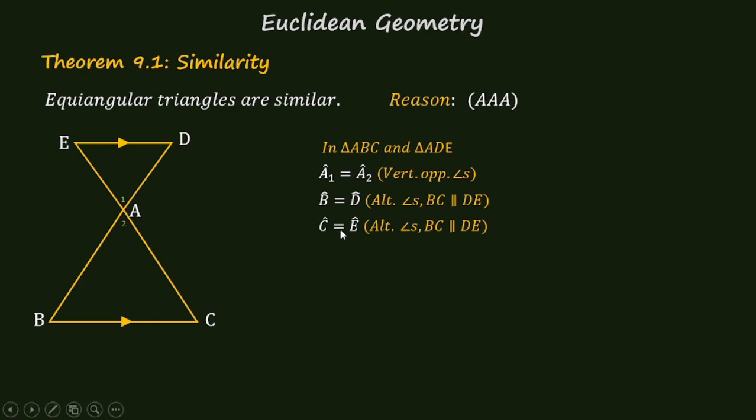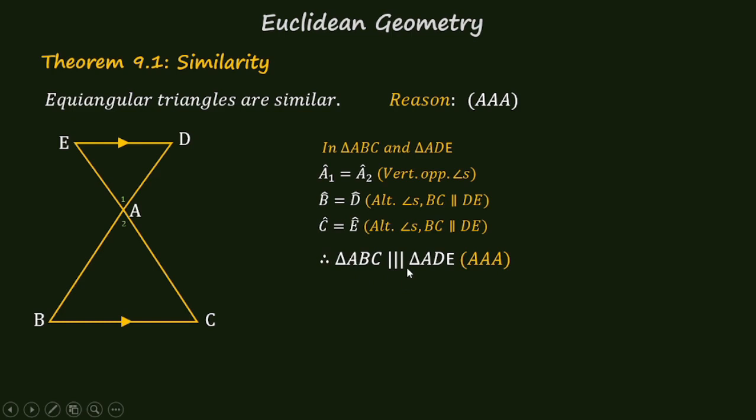The matching angles of these two triangles are equal in size. A equals A, B equals D, C equals E. Therefore, the two triangles are similar. This is how we write it. We write triangle ABC is similar.